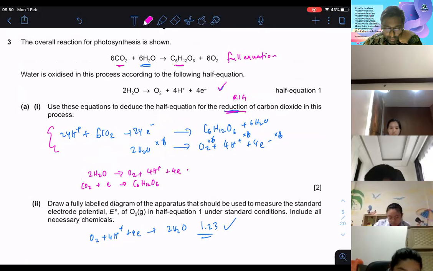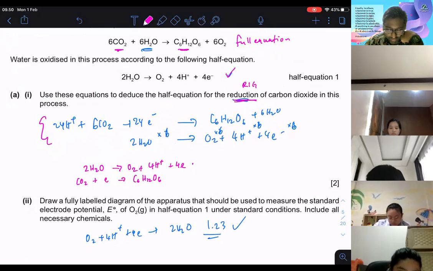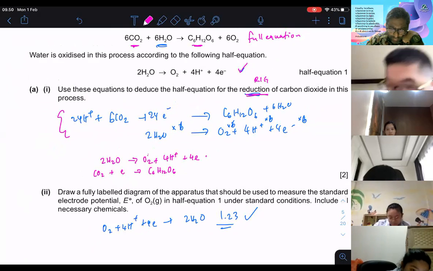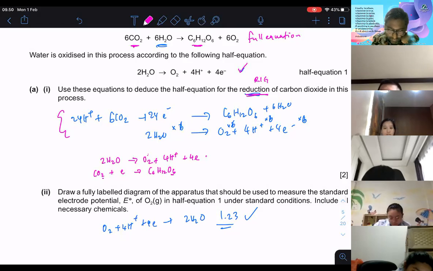But what I notice also here is that the oxygen, when they are oxidized, all the oxygen will go here. So the oxygen is coming out from here, which is from the water.